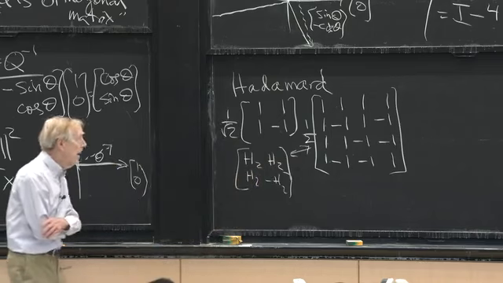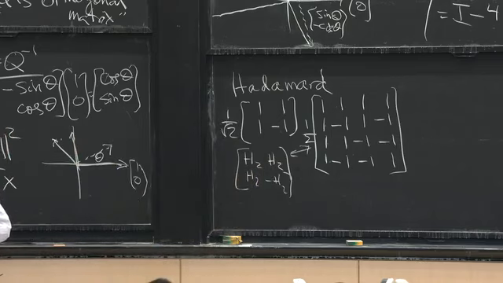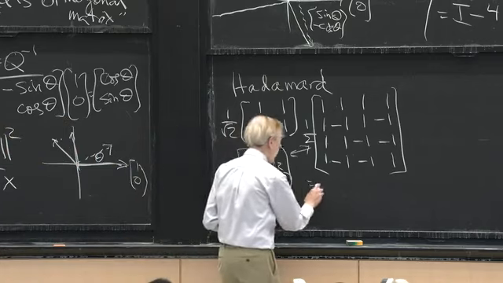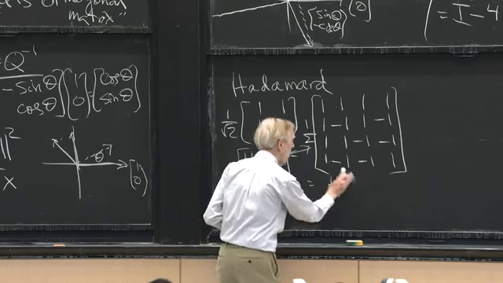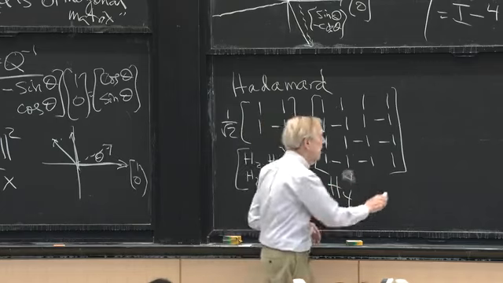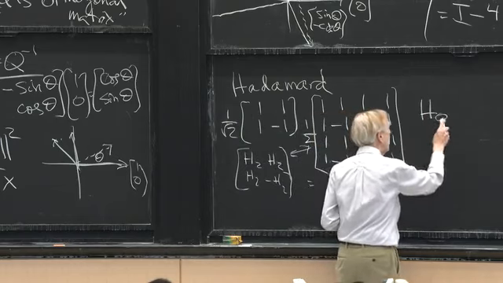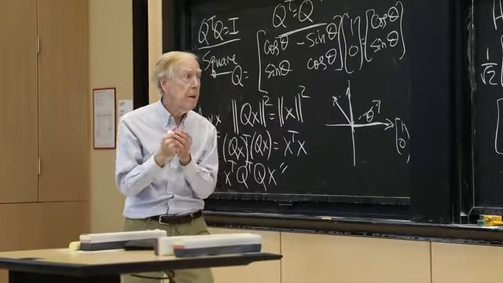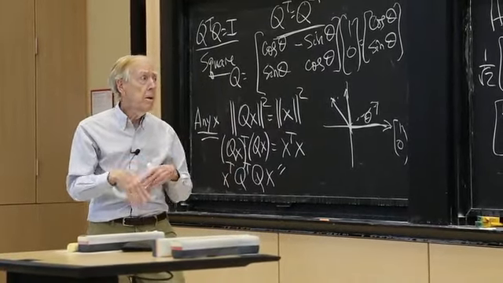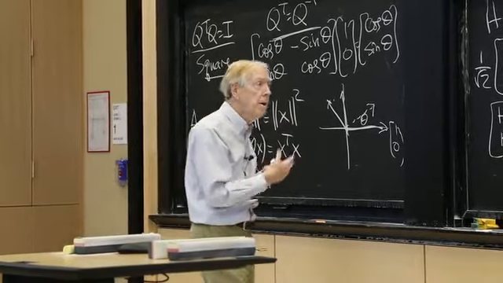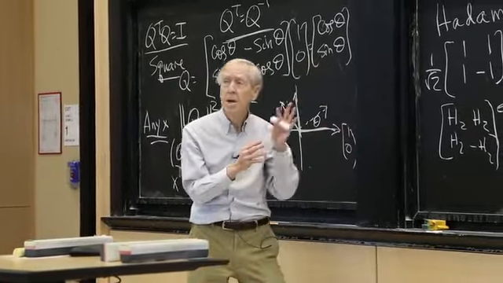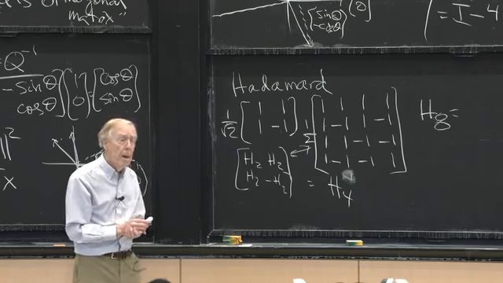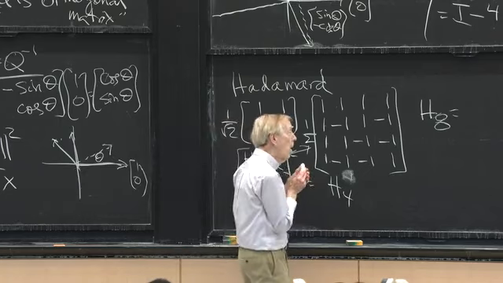Tell me the next one up. What's that going to be? 8 by 8? So this is H4 here. Tell me what I should do for 8 by 8. You'll think this is simple, but that's a good thing to say about it. In coding theory, all sorts of places, you want matrices of 1s and minus 1s. Okay, what's H8? I'm going to build it out of H4.